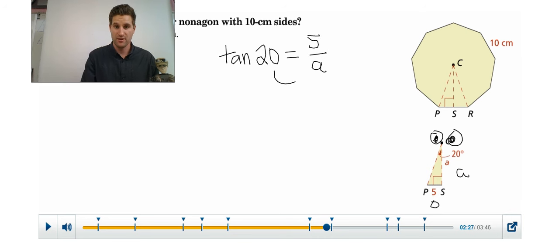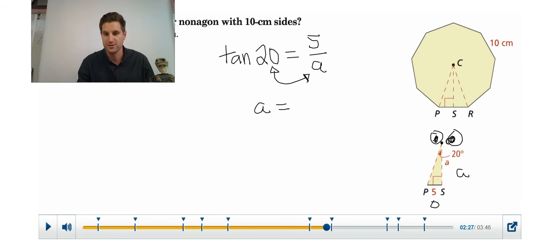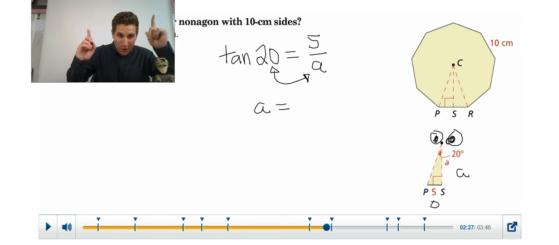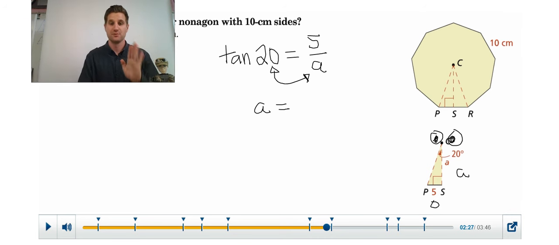Again, when we have the variable in the bottom, these two can switch positions. So the tan 20 is up here, A is down there. Algebraically, these two can switch spots, and we can go ahead and find the measure of this.